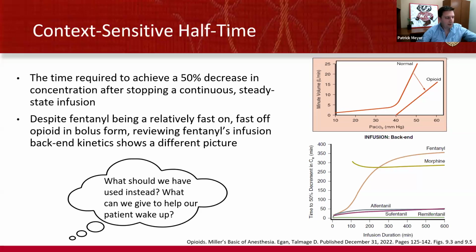This is another exception to the liver and kidney metabolism. It's a unique one. Anybody know how it's metabolized? Yeah, someone said RBCs. It's actually broken down by esterases, predominantly located in red blood cells.